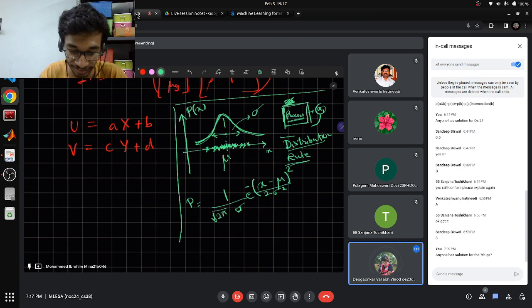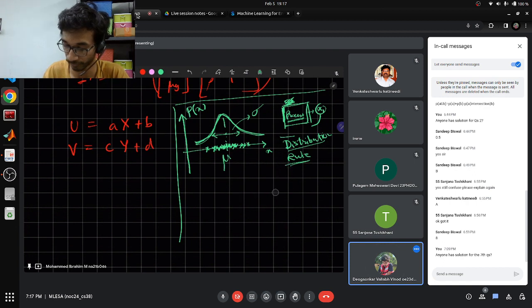Maybe I should rewrite this. So the probability of getting any random x from this Gaussian distribution is something like this.